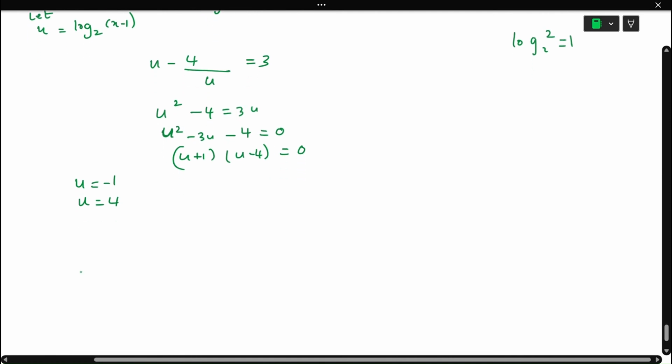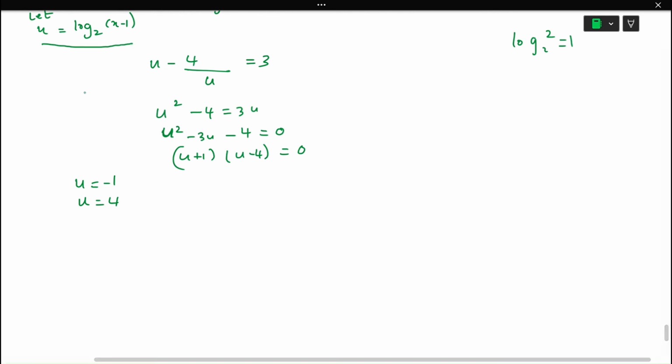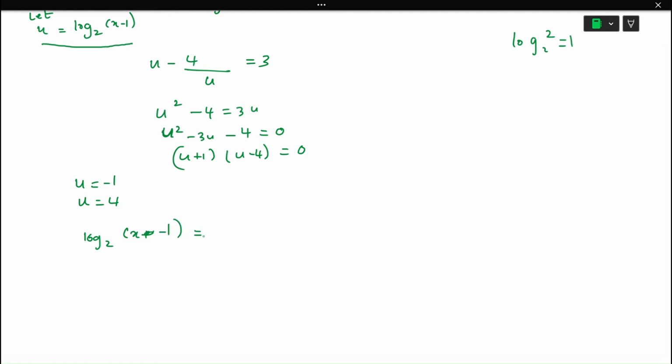Okay, so we substitute these values into log 2 of x plus 1. First I'll take u equal to 4.